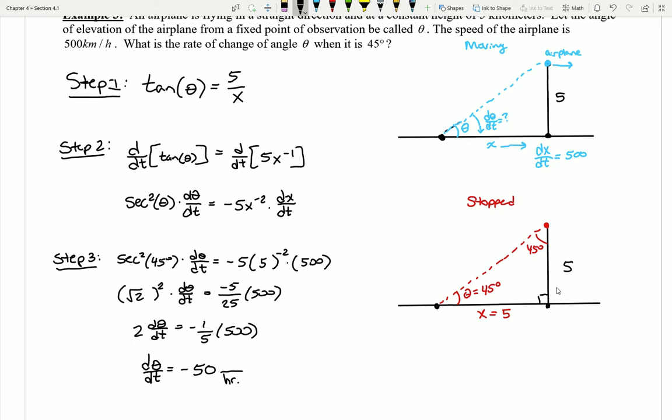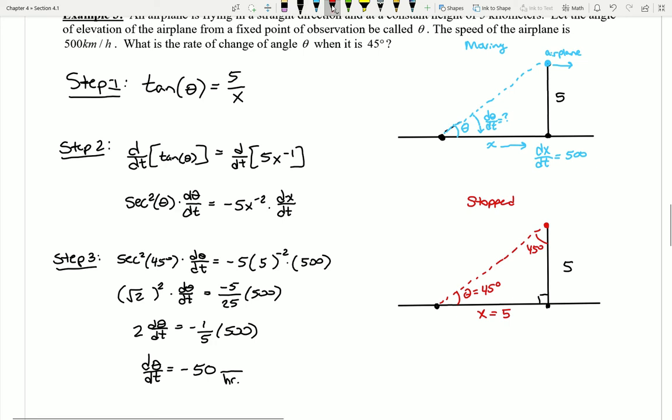While theta in this question was given in degrees, degrees are not what I'm allowed to put here. Because notice that in this question, I had to take the derivative of a trig function. And that means, if you might recall from back when we developed the trig derivatives, that this requires that our angle be expressed in radians.